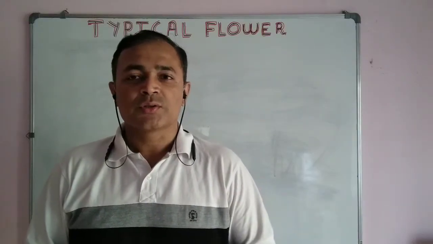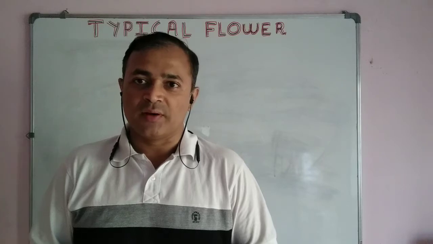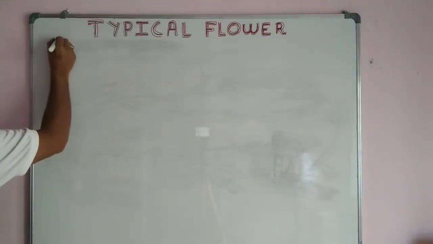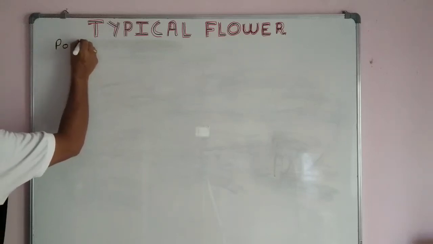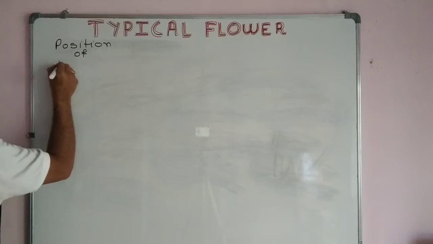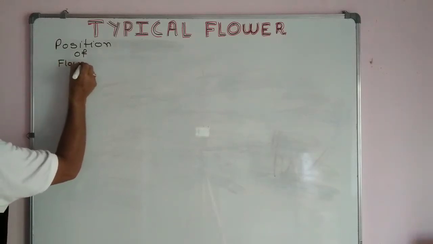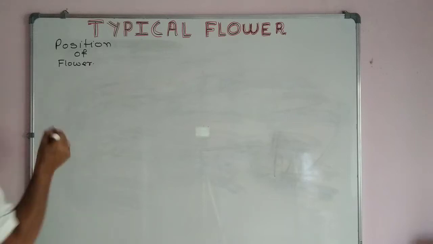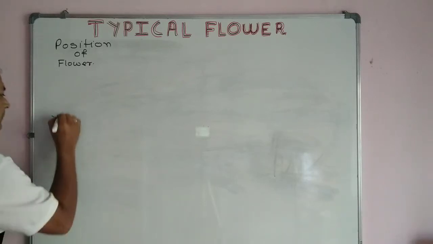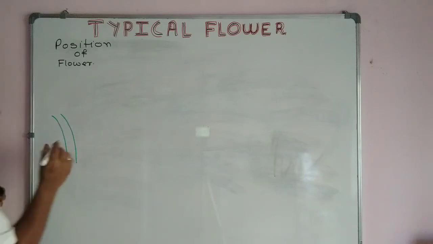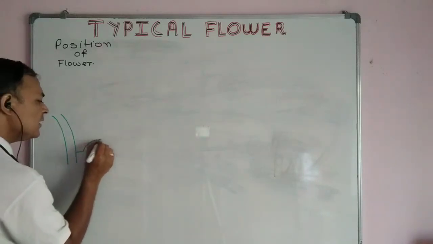Hello, let's talk about the structure of a typical flower. Position of flower. Let's suppose this is a stem, and on the stem this is a leaf.